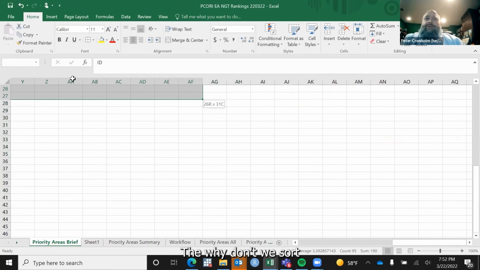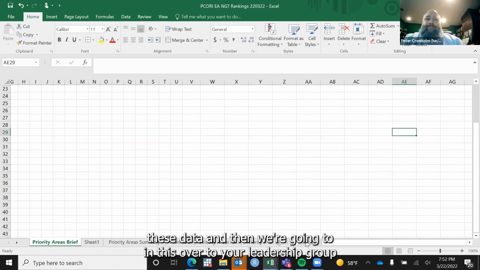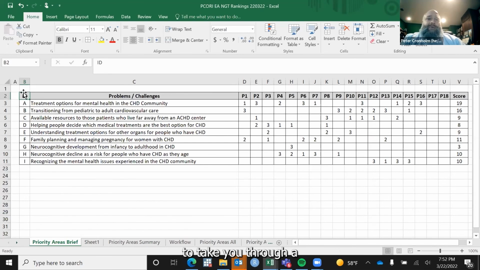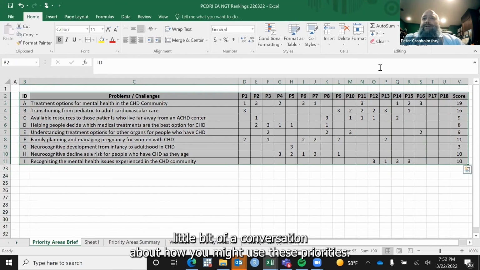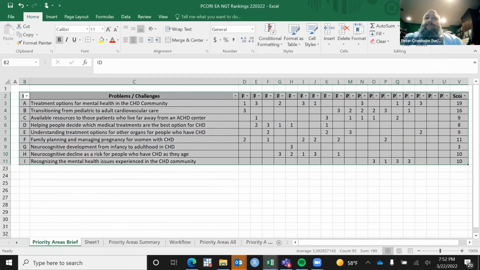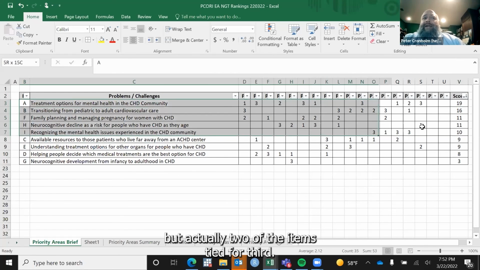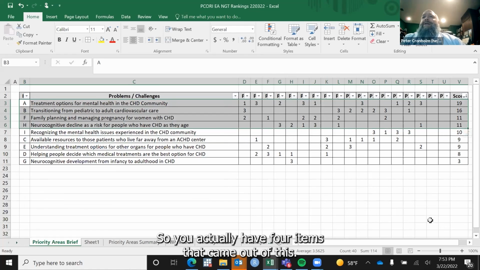So why don't we sort these data, and then we're going to hand this over to your leadership group to take you through a conversation about how you might use these priorities. This is a good example. You have a top 3, but actually 2 of the items tied for third, so you have 4 items that came out of this.